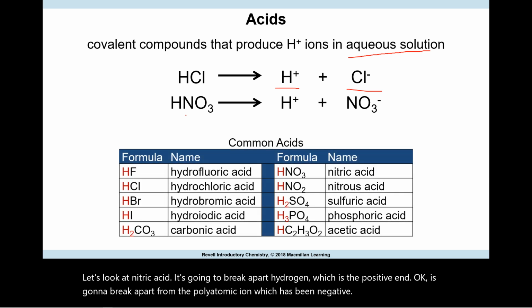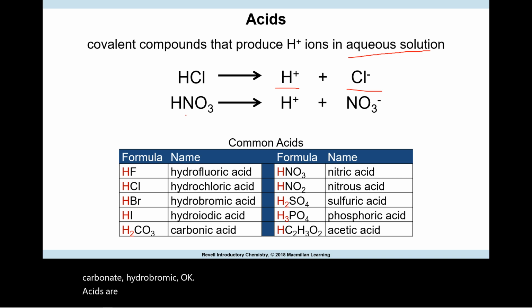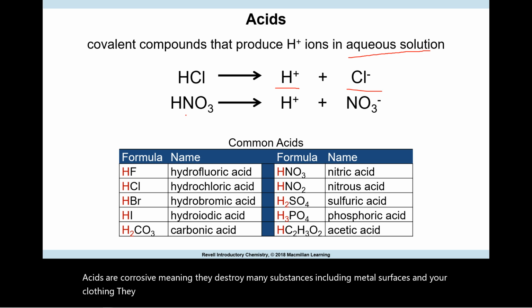So the common acids that you're going to see are hydrofluoric, sulfuric, nitric, acetic, carbonic, hydrobromic. Acids are corrosive, meaning they destroy many substances, including metal surfaces and your clothing. They can also cause severe burns to the skin and should be handled with care.